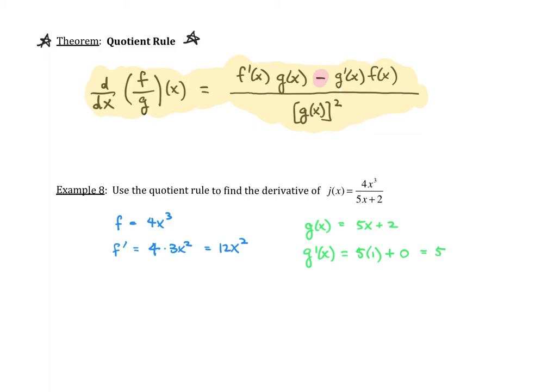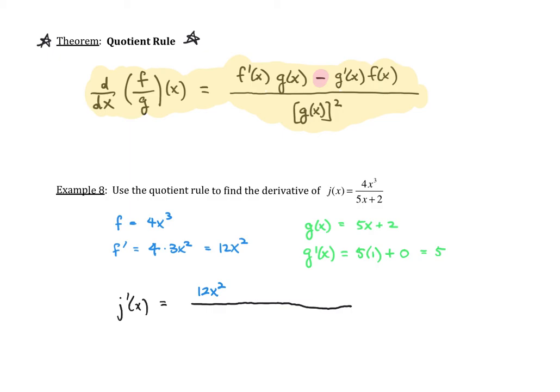Okay? So now I want to apply the quotient rule to my j of x. So when I go to write down the derivative j prime of x, how is that going to look? Well, I know it's going to be a fraction, so I'm going to put a long crooked line here. The derivative f prime is just 12x squared.